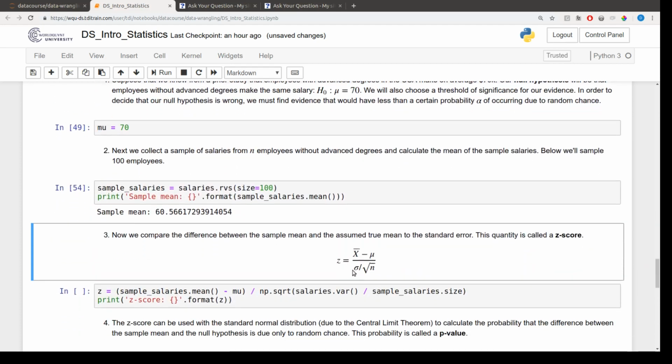For the moment, there's more to be said here about how we calculate this sigma, the standard deviation of the individual salaries. But for the moment, we're going to simply estimate that sigma from our sample.